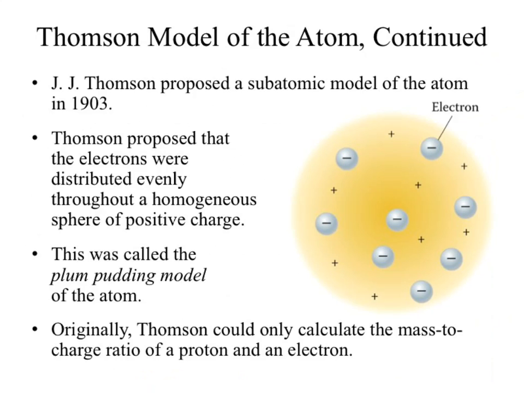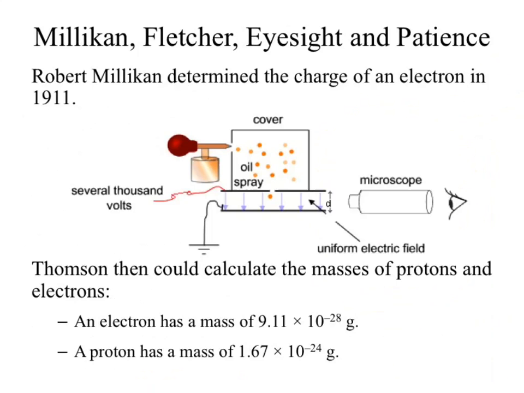Okay. One extra thing he was able to do was come up with the mass to charge ratio, but he wasn't able to nail down the mass exactly, okay, or the charge. Another fun experiment to talk about when we're looking at these kind of things, because it gives us something about the mass. Millikan is the one primarily given credit for this, but he had a lot of help from Fletcher and eyesight and patience.